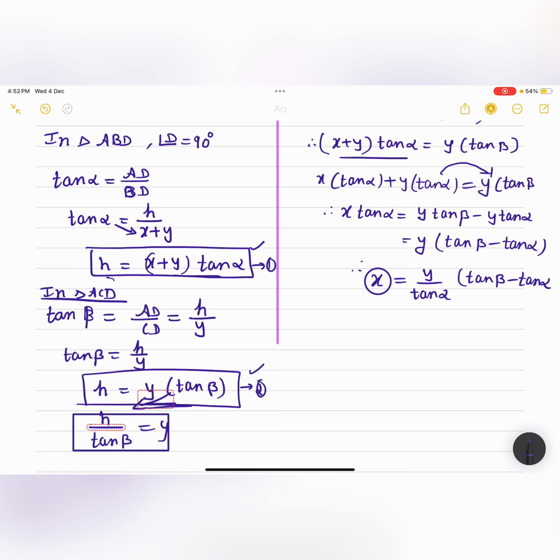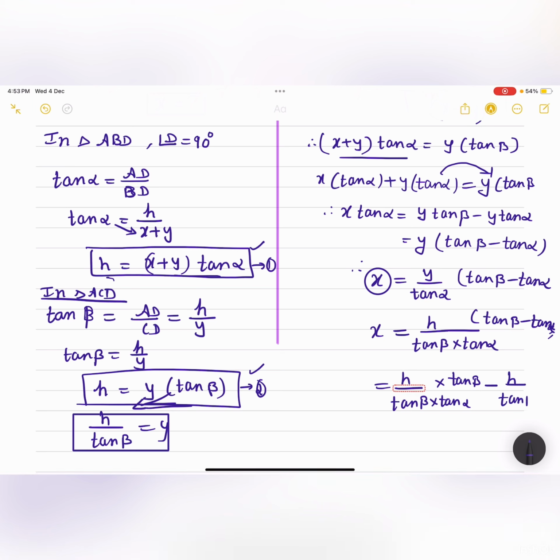Let me substitute that in this equation. x will be equal to h by tan beta into tan alpha into tan beta minus tan alpha, which is h by tan beta into tan alpha into tan beta minus h by tan beta into tan alpha into tan alpha.